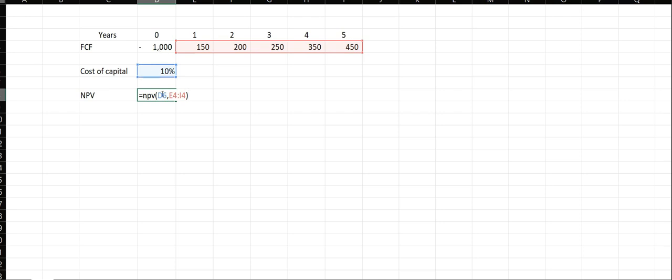So you don't need to calculate the present value of this cash outflow of minus 1000, because this is already the present value. Therefore you don't need to discount this 1000.